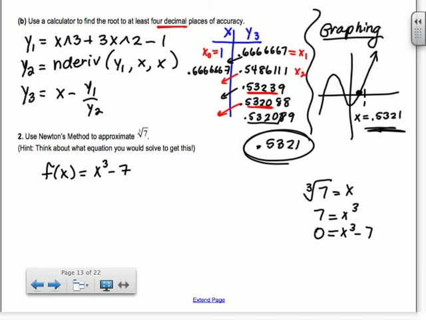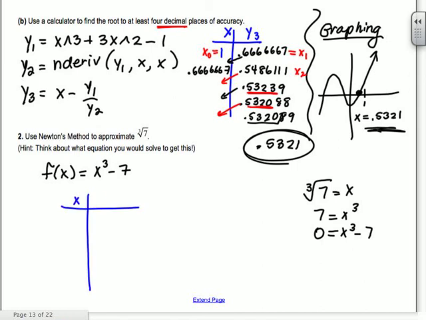Well, actually, we don't need to find f prime because we can just use the derivative on our calculator. So we're going to go to y1, clear out that y1, and now we're going to do x cubed minus 7. Make sure you de-highlight it too, for your table. And we do the table.